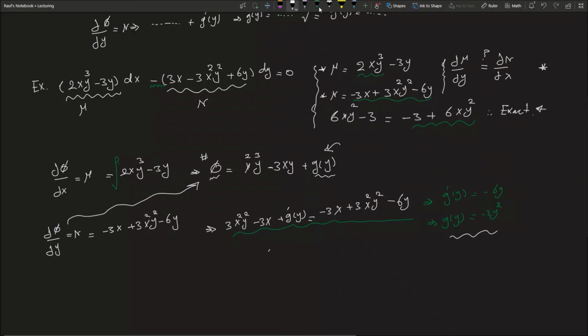Now, since we have g of y, we can plug it back into the original equation for the function phi.